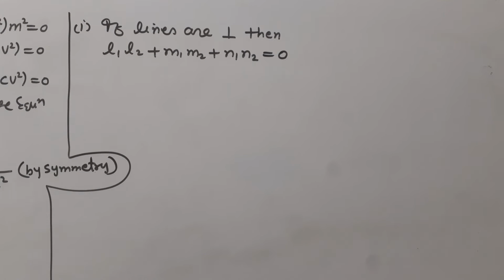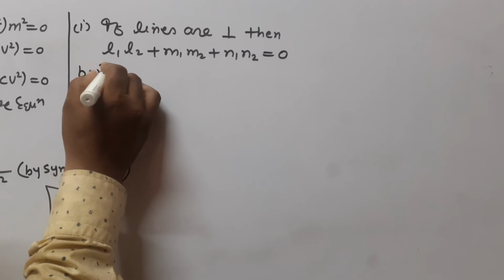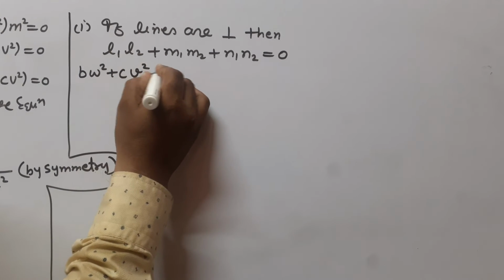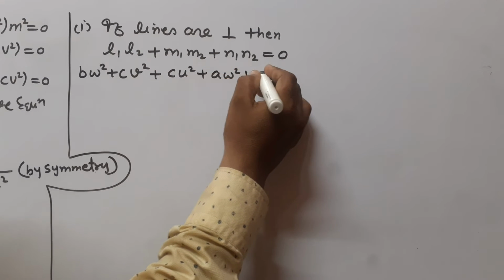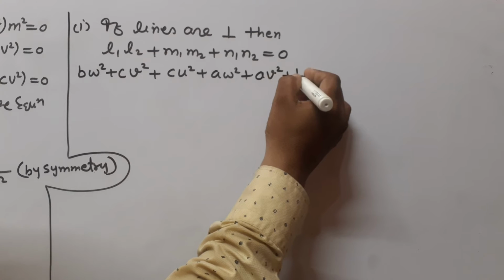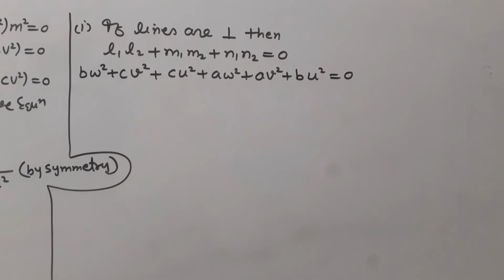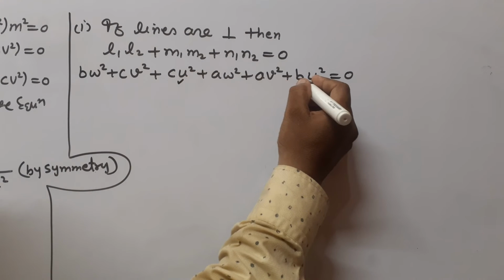Now we put here the values of L1 L2, M1 M2 and N1 N2 from the above ratio. So we can write BW square plus CV square plus CU square plus AW square plus AV square plus BU square is equal to 0. Now we take common U square from these two terms.